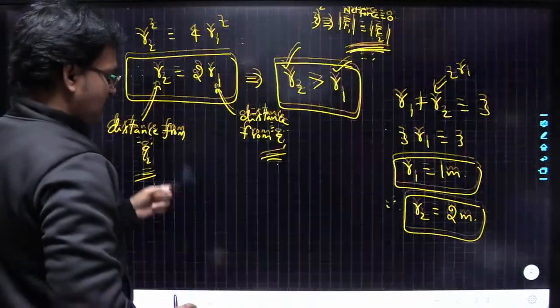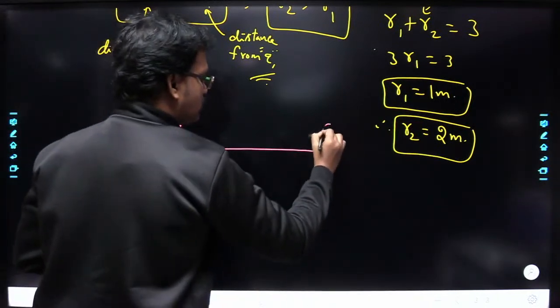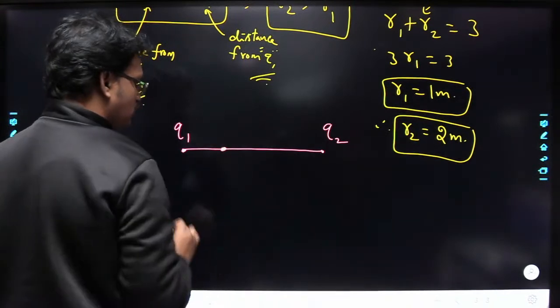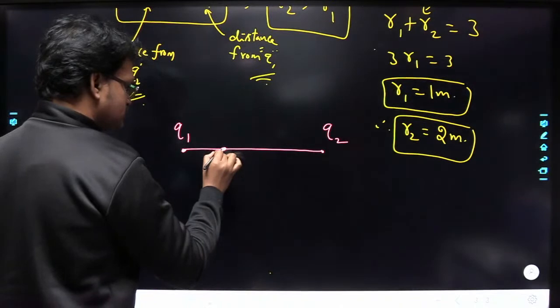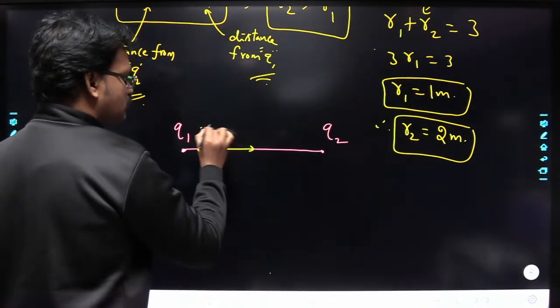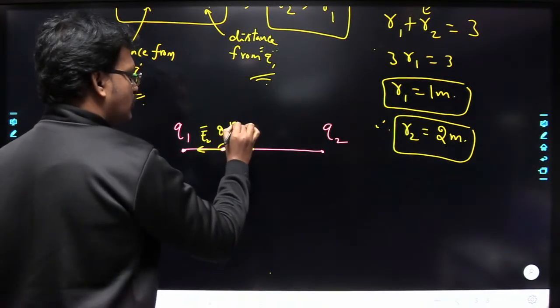Okay. So finally you got Q1 here, Q2 here. So the point must be nearer to Q1. So here the electric field is pointing like this. This is E2 bar, E1 bar, and here theta equal to 180 degrees.